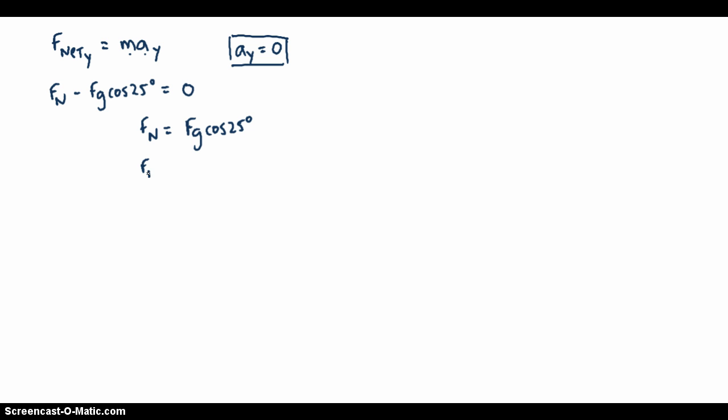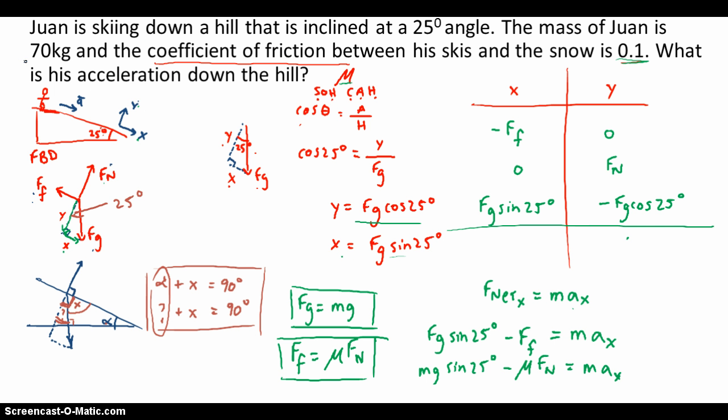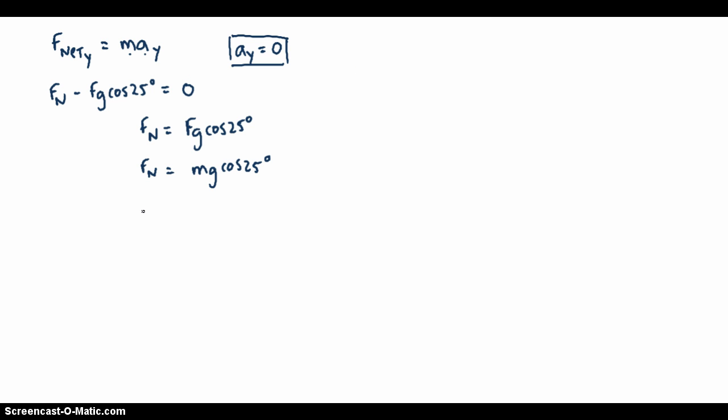We sub in. If you remember, the force of gravity is mass times gravity, cos 25 degrees. We have what the mass is. We have what gravity is. So we can just sub in those numbers: 70 kilograms times 9.8 meters per second squared times cos 25 degrees.